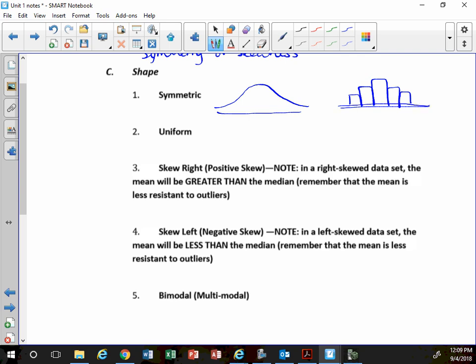Okay. You could have a dot plot that looks symmetric. You can see it in the box and whisker plot, when the left and the right side are very balanced. If it is symmetric, the mean equals the median.